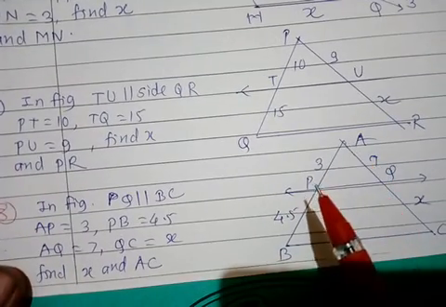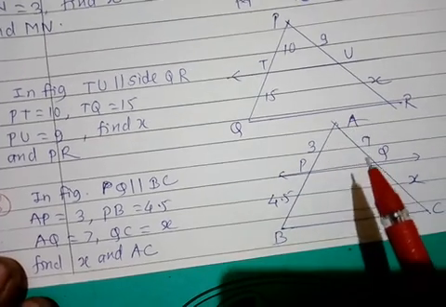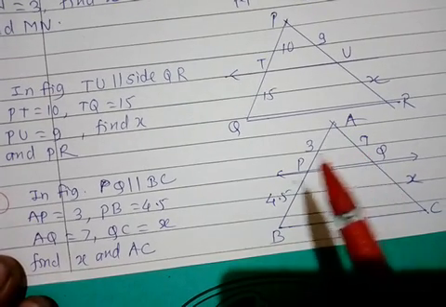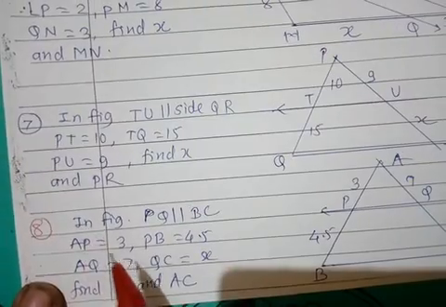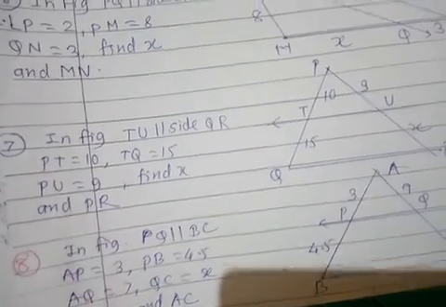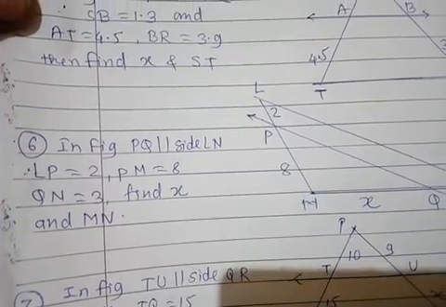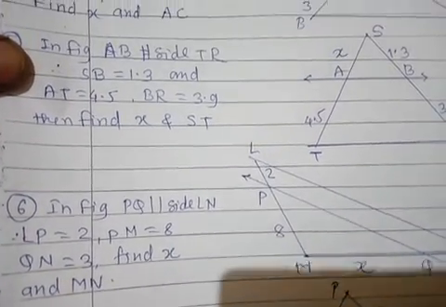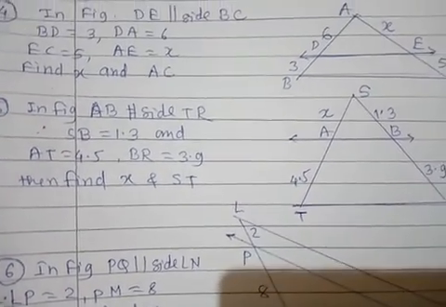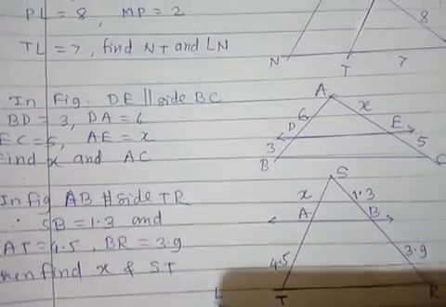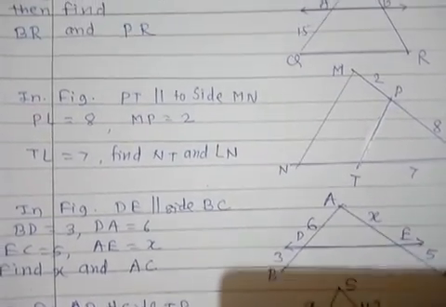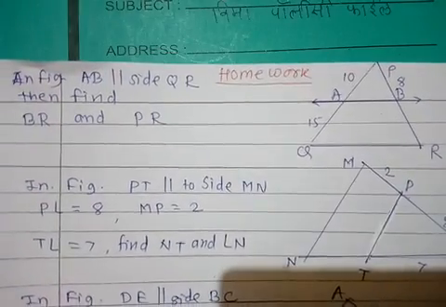Here also AP by PB, AQ by QC, put the values, take cross multiplication. You have to solve 8 examples and send them as early as possible, by tomorrow evening. If any problem, then call me. I will solve your difficulties. Okay.